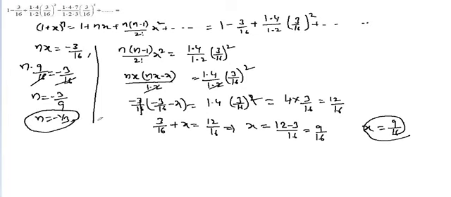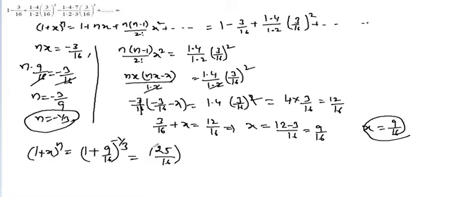So therefore we are taking the expansion 1 plus x whole to the power of n, that is equal to 1 plus x value, 9 by 16, whole to the power of n, that is minus 1 by 3, that is 16 plus 9, 25 by 16 whole to the power of minus 1 by 3.